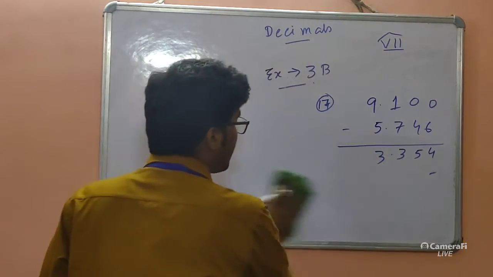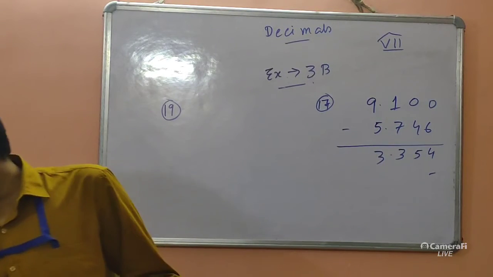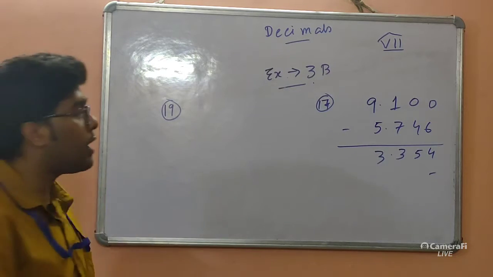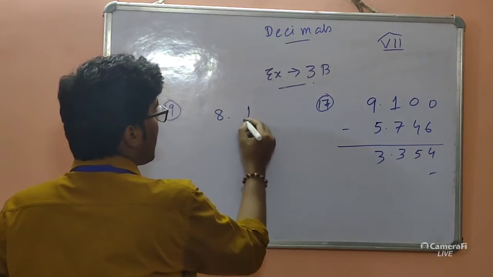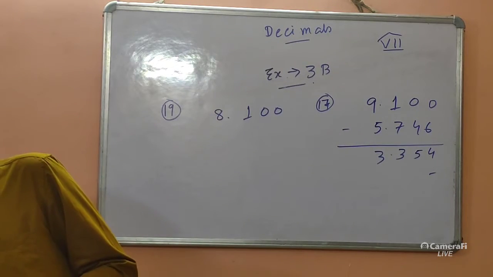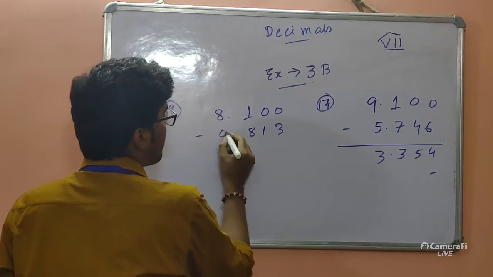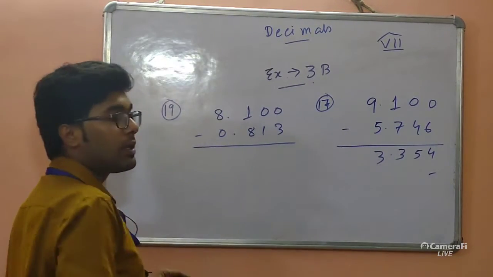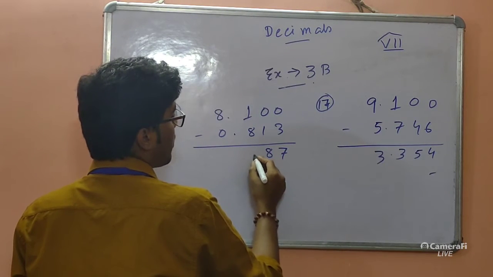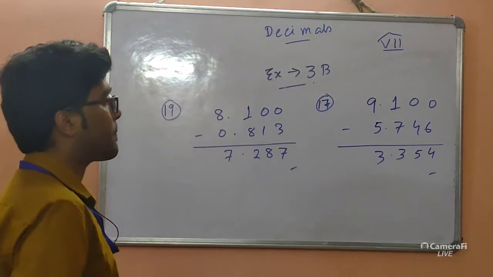This question is exactly similar. The question says, what is to be subtracted from 8.1 to get 0.813? So what we need? We need to subtract 0.813 from 8.1. Clear? So now subtract. So therefore that's your answer.